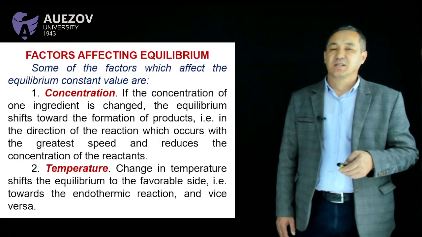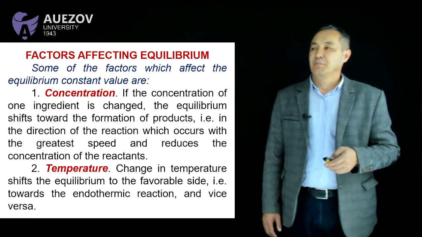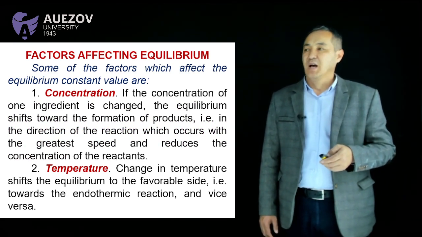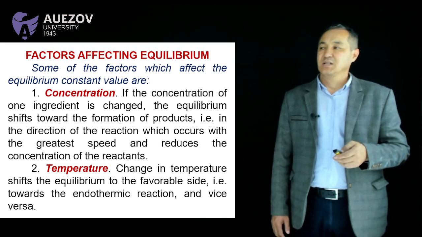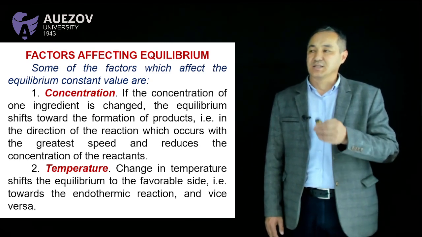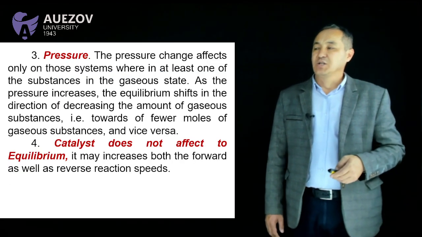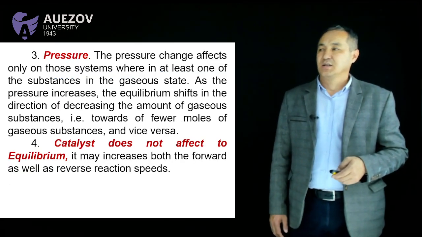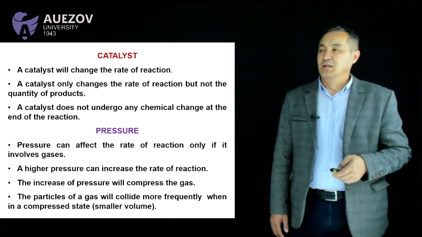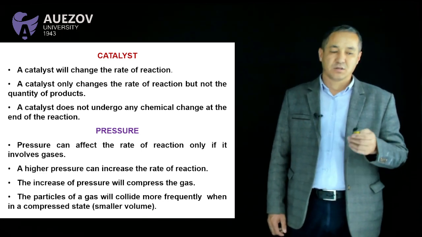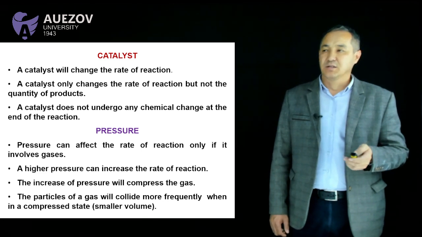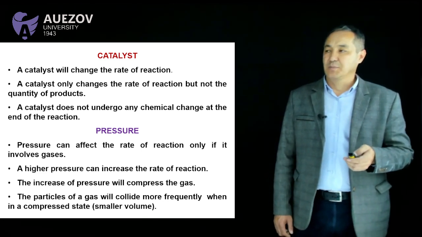Factors affecting equilibrium. Many factors can affect the rate of chemical reaction, such as concentration, temperature, pressure, and catalysis. A catalyst can be a gaseous, solid, or liquid substance.